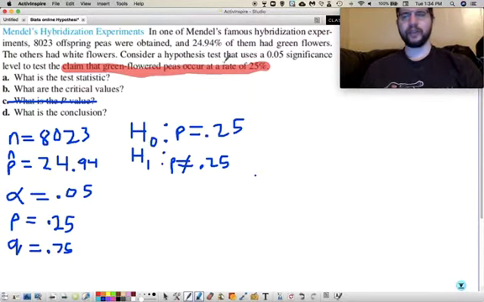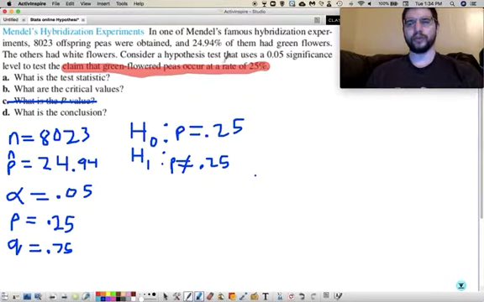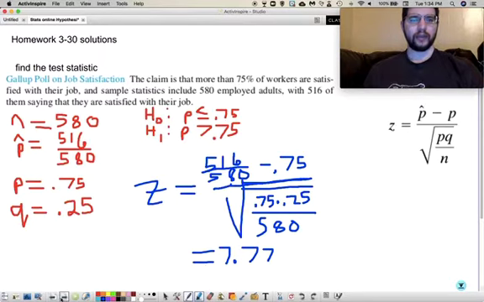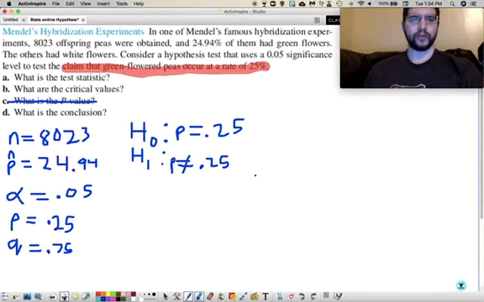Now remember, whenever we're doing this, you need to make sure the conditions for approximating the binomial with the normal distribution are satisfied. 25% of 8,000, that's definitely bigger than 5. And on this one, well, they didn't even tell us, so we assume it's good. They did it. So remember, test your conditions for binomial.